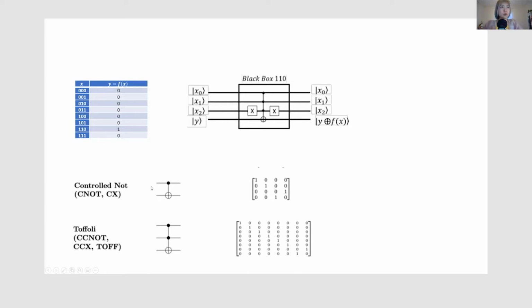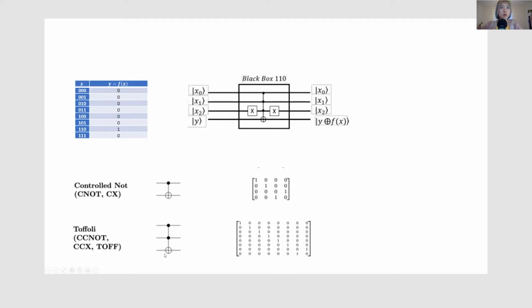If you remember, the controlled NOT gate just involves 2 qubits, and the first one is the control, the second one is the target. And only when the first one is 1, the second one would flip from 0 to 1 or from 1 to 0. If you have 3 qubits, this is called a CCNOT. It is also called a Toffoli gate. It has the first 2 qubits being the control and the last one being the target.